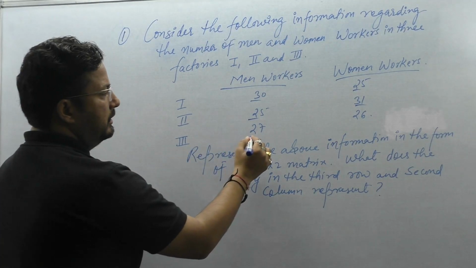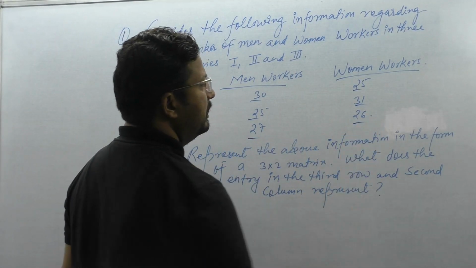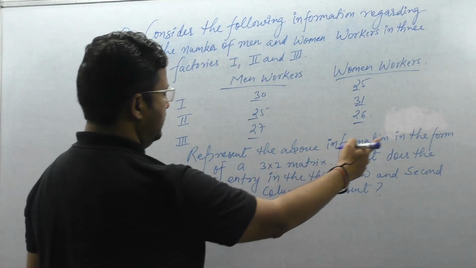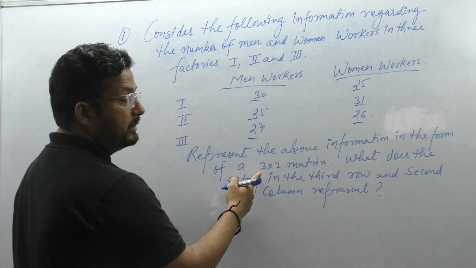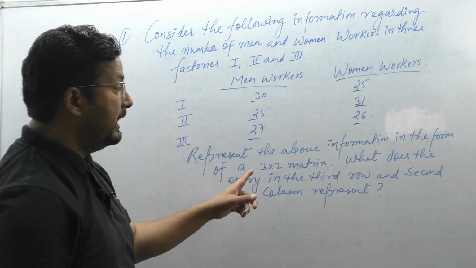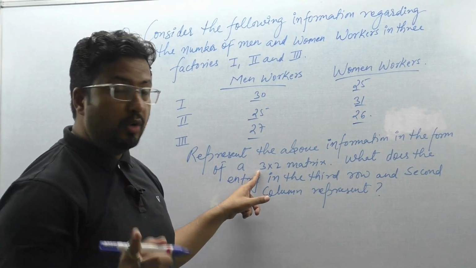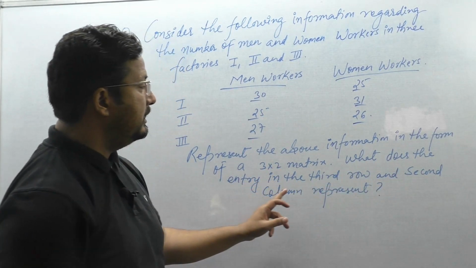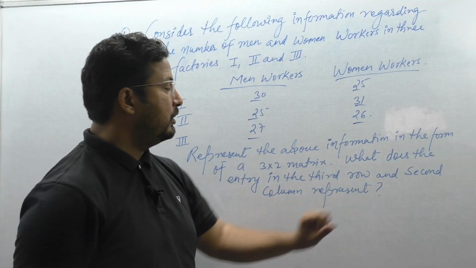In third, 27 men and 26 women. Now it is given: represent the above information in the form of a 3 by 2 matrix. It means 3 rows and 2 columns. And then they ask, what does the entry in the third row and second column represent?